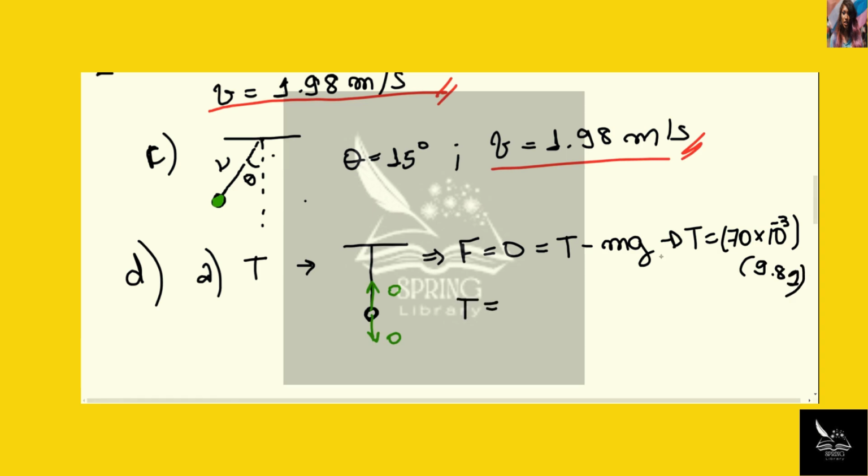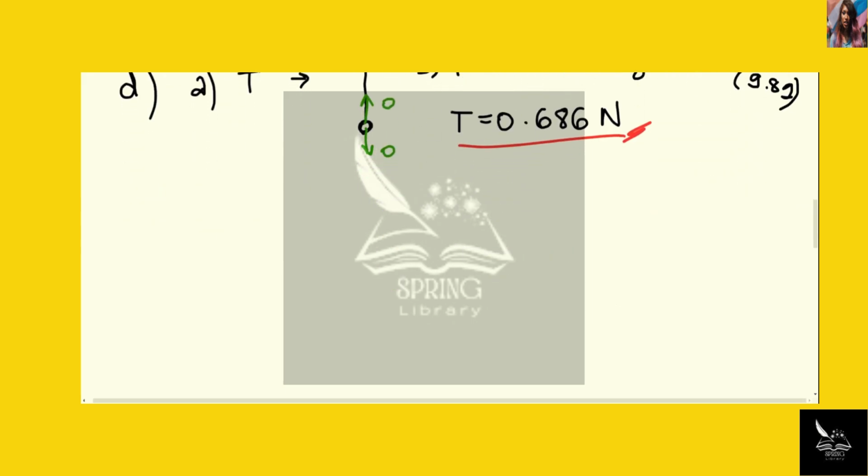So you're going to find that the tension for the point of question A is going to be equal to 0.686 newtons. Okay, pretty simple. Now we want to find the tension at the point that we calculated in question B. So the tension when now the ball is making a 15-degree angle.